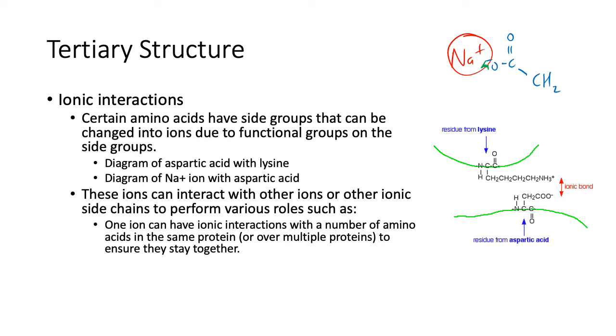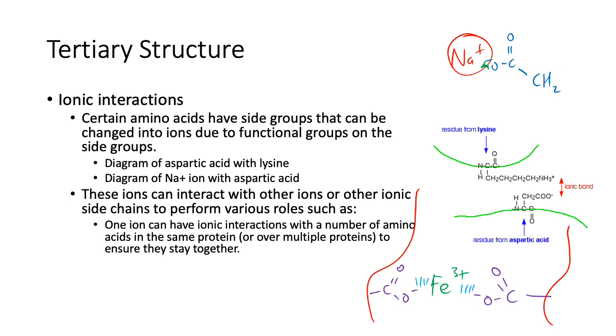So instead of a negative and a positive, here's my iron ion, like in hemoglobin, and then you have one carboxylate ion from one part of the chain, and another carboxylate ion from another part of the chain, and each has an ionic interaction, and therefore these two side chains are held together.